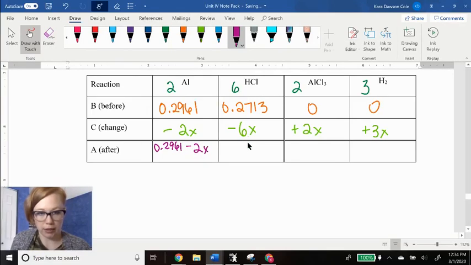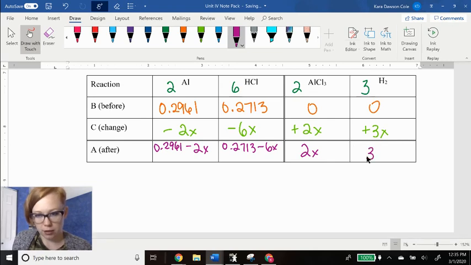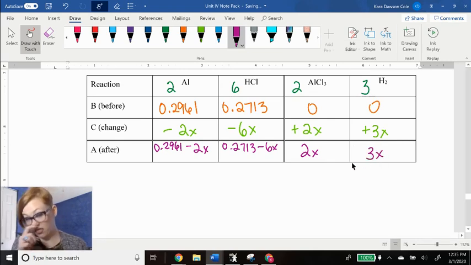So I'm just adding these straight down. So for HCl, 0.2713 minus 6x. And then this is 0 plus 2x, so this is just 2x. And then this is 0 plus 3x, so this is just 3x. Okay, so then there's my setup.